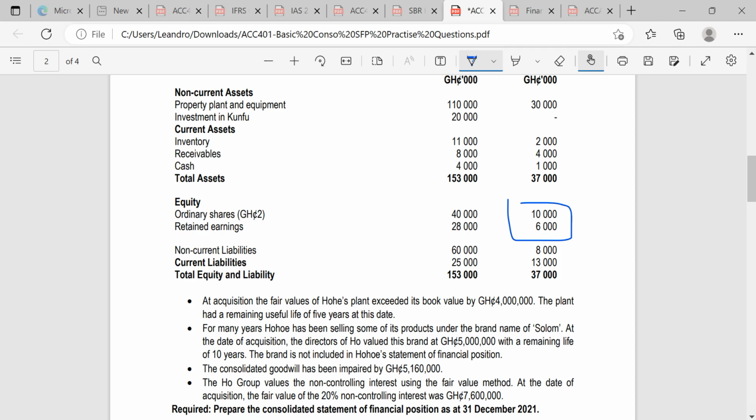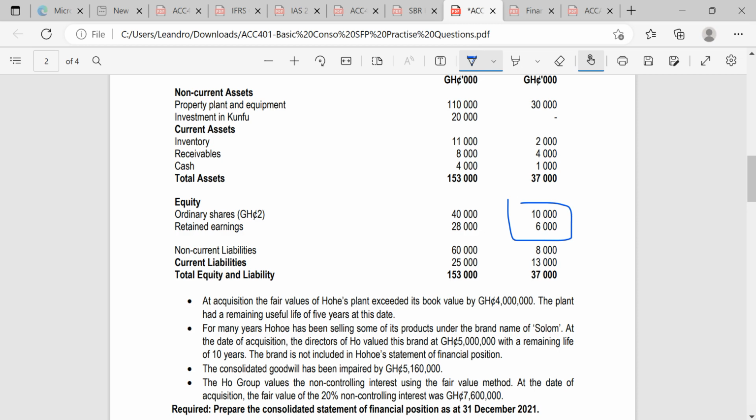Everything else is at fair value. The carrying value, the book value, is the same as the fair value. What it means is if the book says the plant, the property is 10,000, if you go to the market, you get it for 10,000. So that's what we mean when we say the carrying value is the same as the fair value.